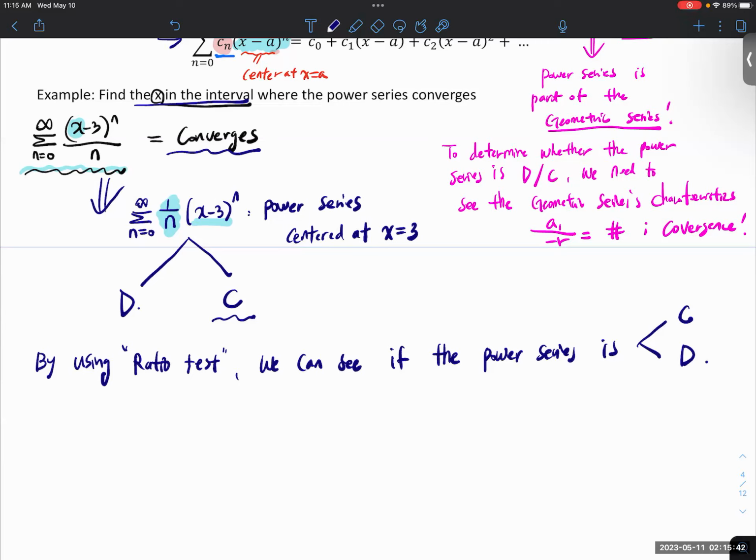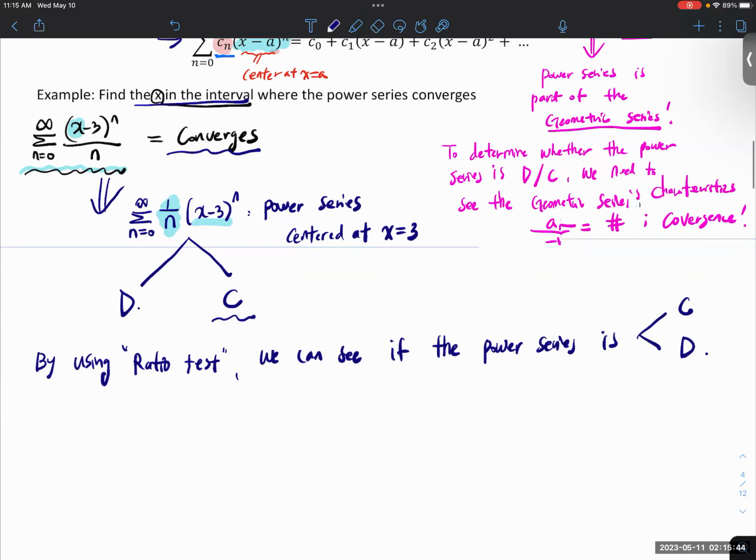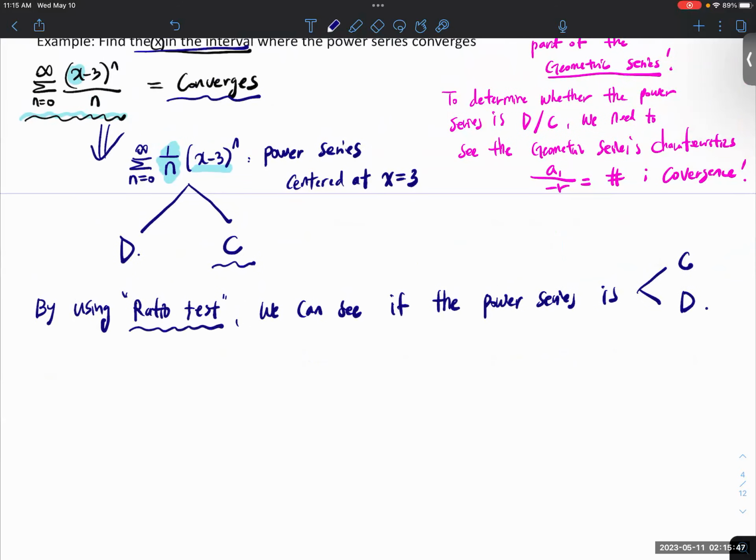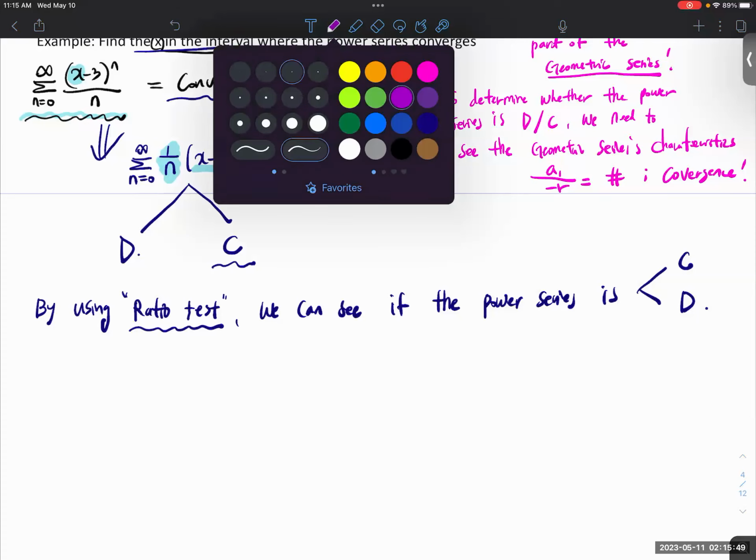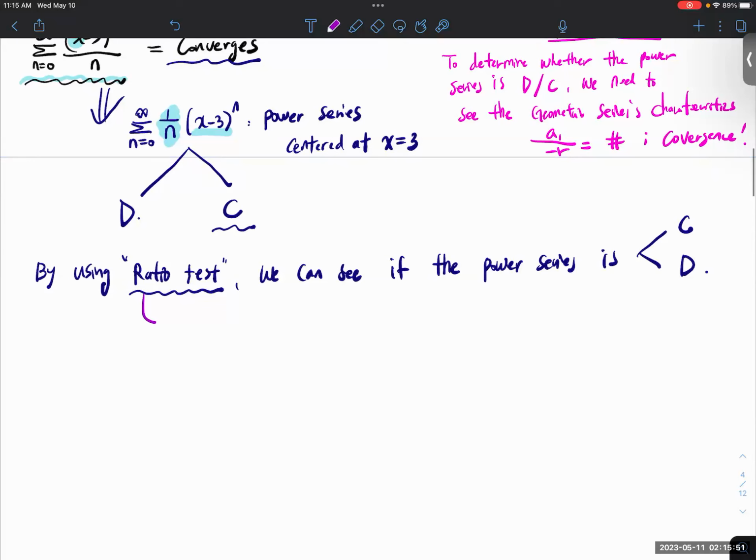So let's go back. What was the ratio test? I hope you didn't forget. Do you remember? The ratio test says you have the sum of an, and you are going to go back to the last lecture note. You're going to take the limit of an plus 1 over an. That is p.